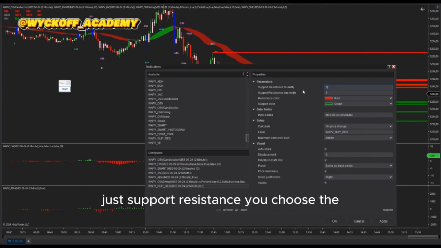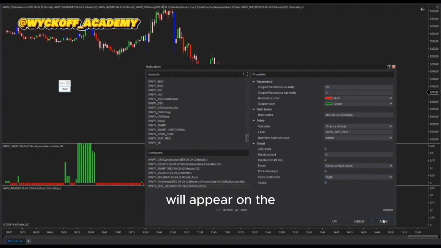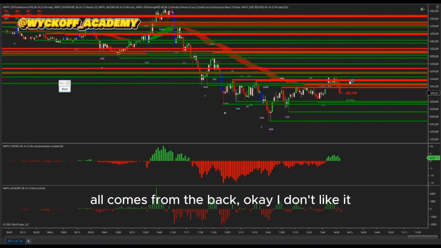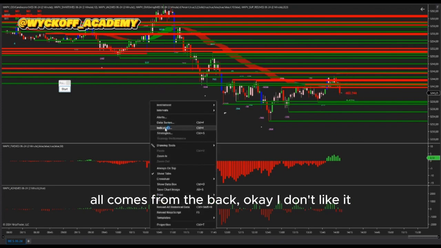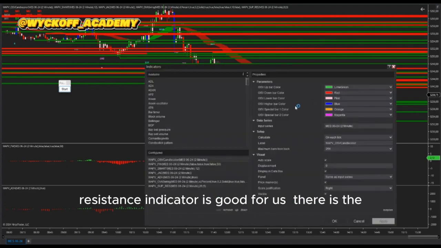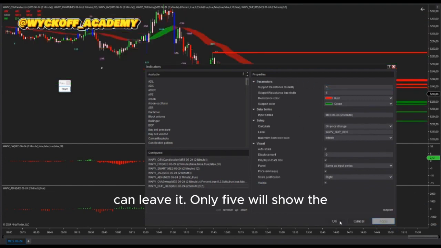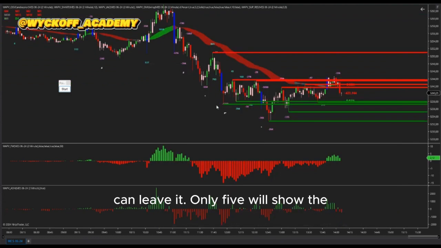Let me just add support resistance. You choose the amount of support resistance that will appear on the chart, but it was a salad because it all comes from the back. Okay, I don't like it. Unfortunately, the support resistance indicator is good for us. There is the MetaTrader 5 one, so you can leave it. Only 5 will show the last points of support and resistance.